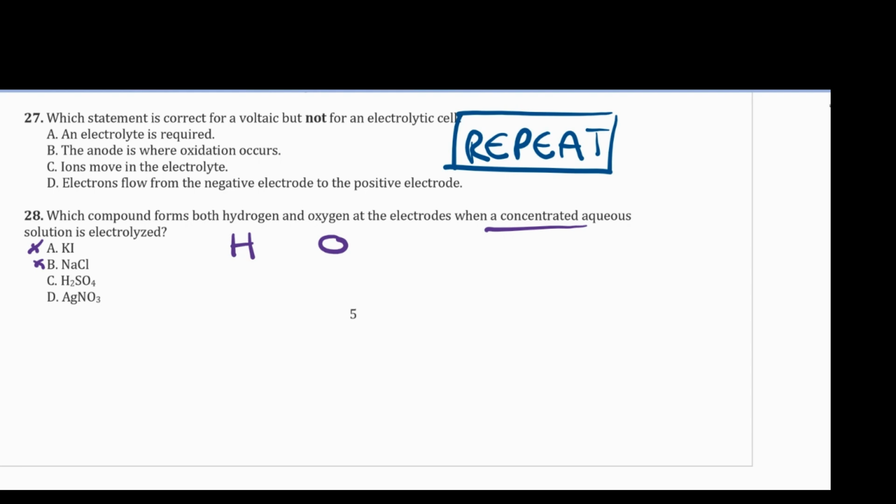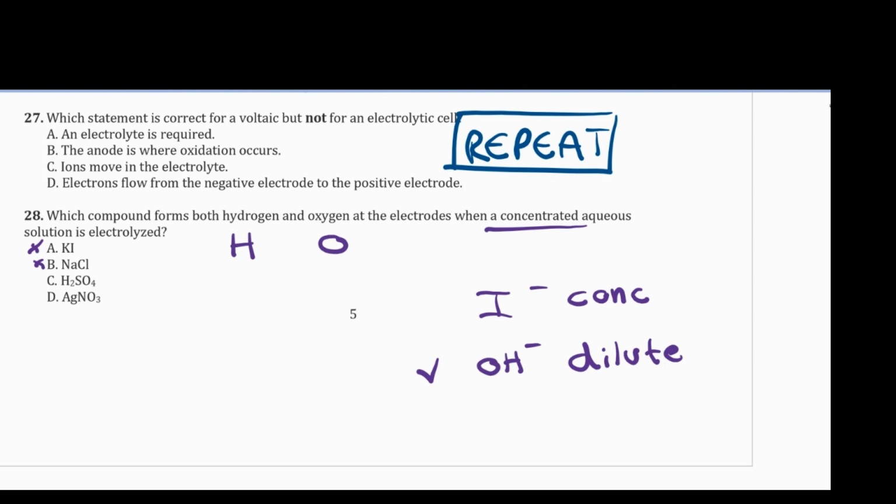So we can't have A or B, because I minus is competing against OH minus. Usually, if there's no condition or if it is dilute, the hydroxyl will win. It'll be most easily discharged. But if it's concentrated, the halide ion will win. So again, that knocks out A and B because we have the iodine and the chlorine.